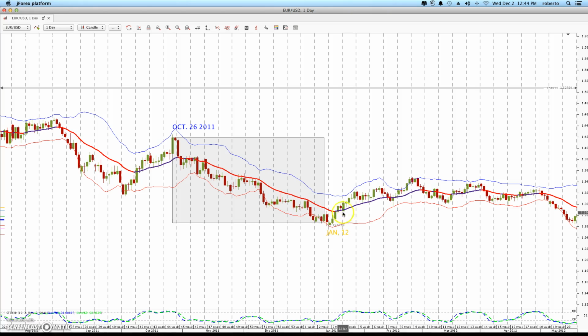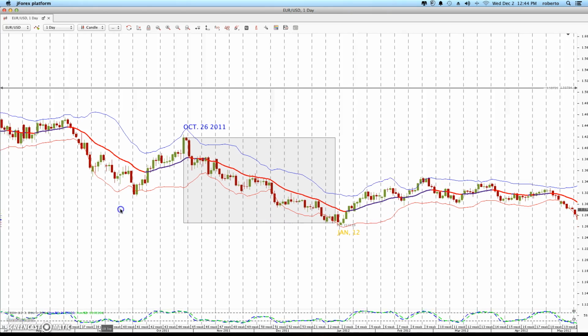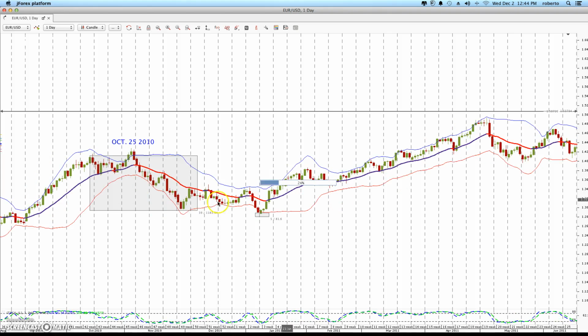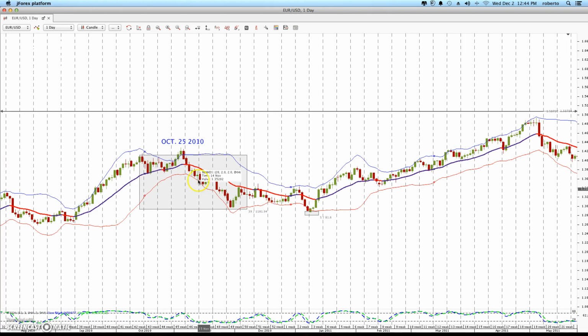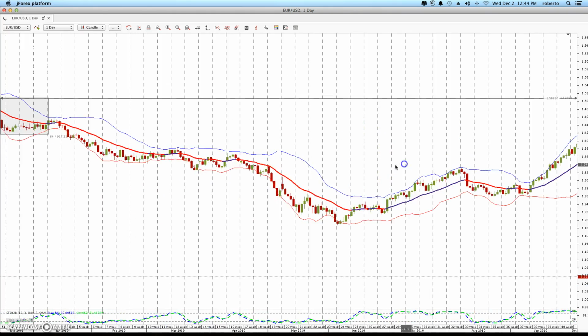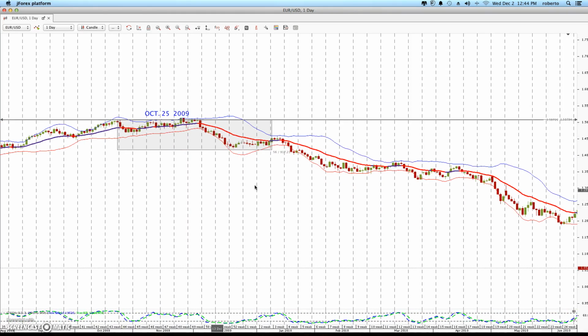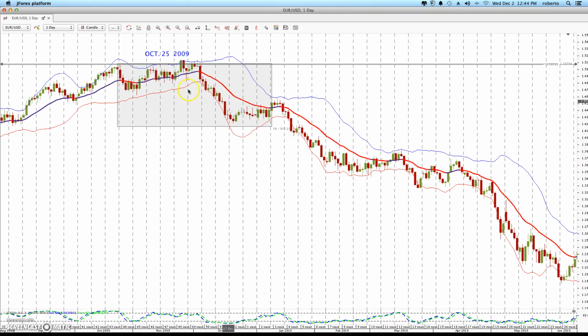And then from January, notice the market turned around and headed north. 2010, same thing, around October 25th, sold off. Bit of a retracement, but by January 10th, this was pretty much over, and then turned around and went north. And here's October 25th, 2009, and the euro did a complete turnaround.